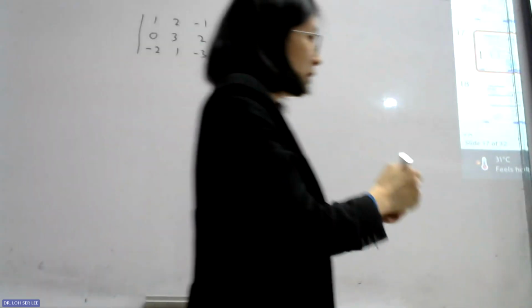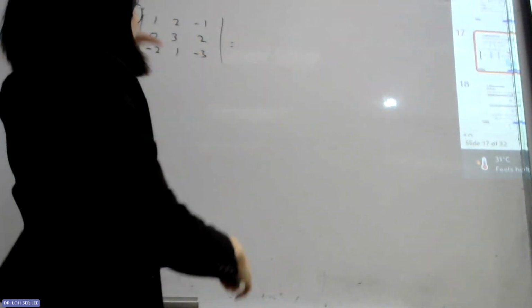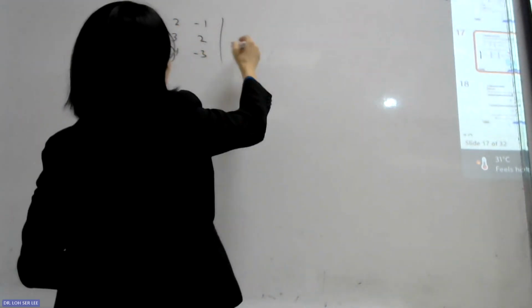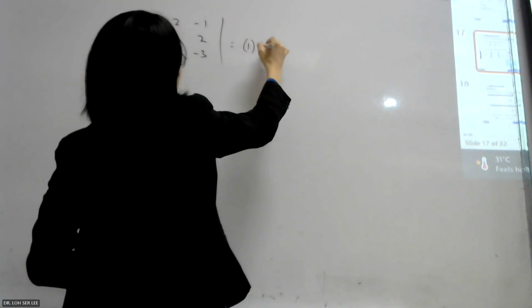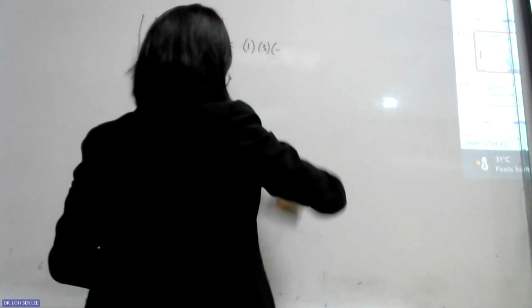We want to find the determinant. We follow this direction first. So 1 times 3 times -3, you get -9.